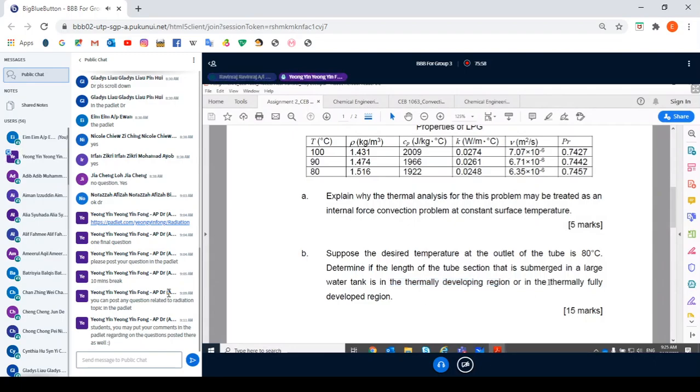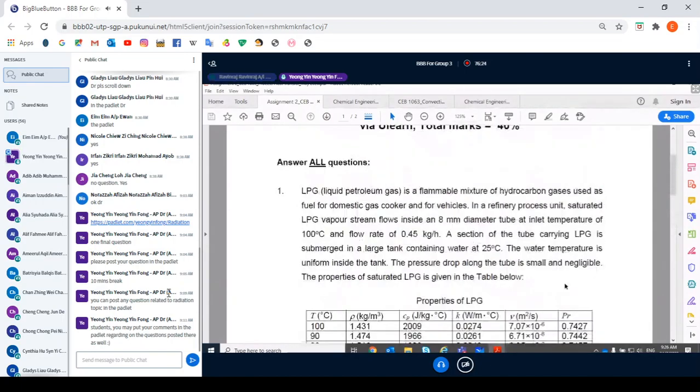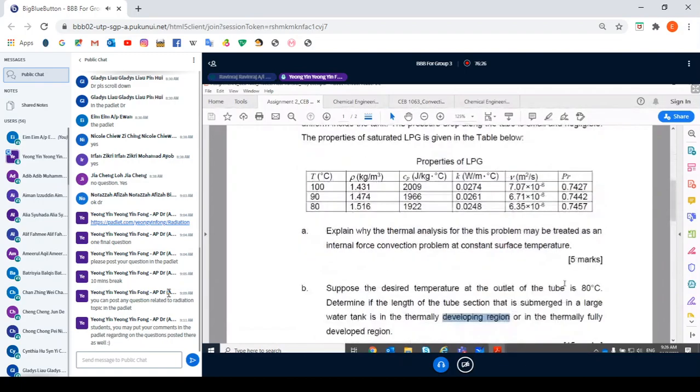If the length that you get is more than the thermally fully developed length, meaning the flow has already become fully developed, then your assumption is not correct because you are assuming it is developing. It has to be less than that, isn't it? Yes. So this kind of question is good because it actually improves your thinking.